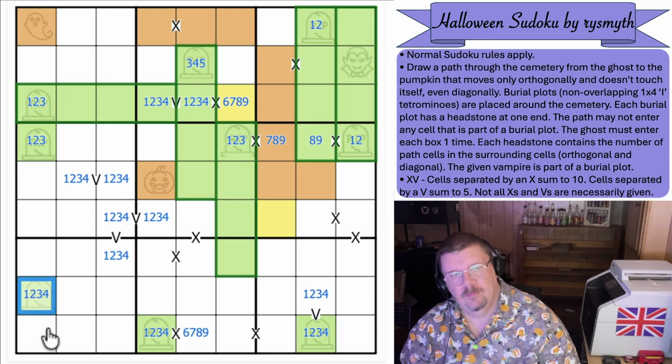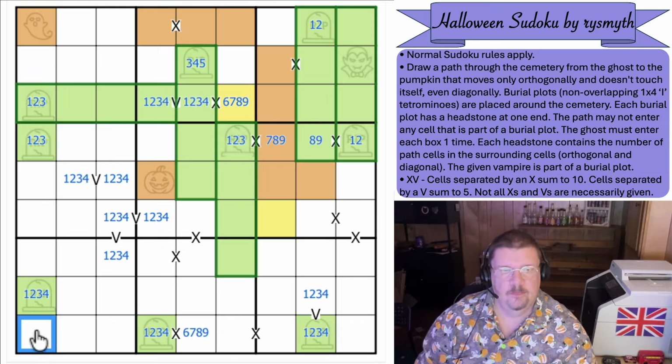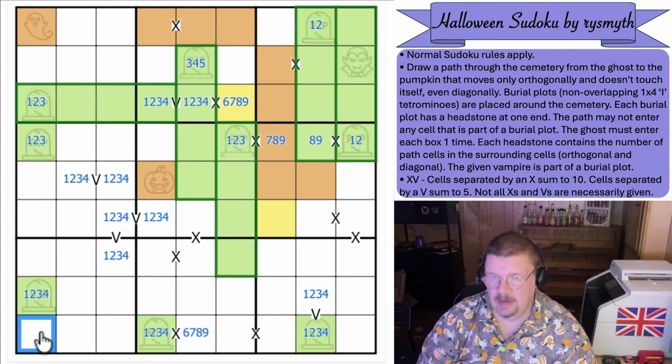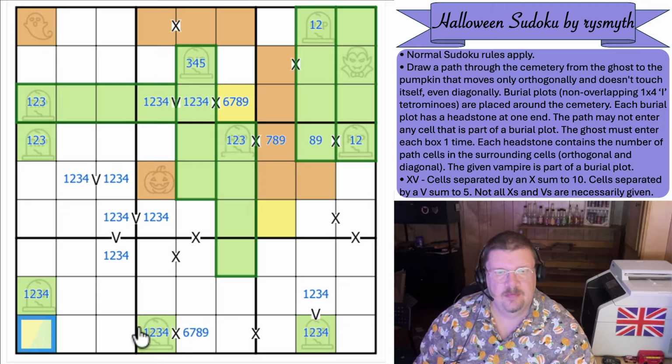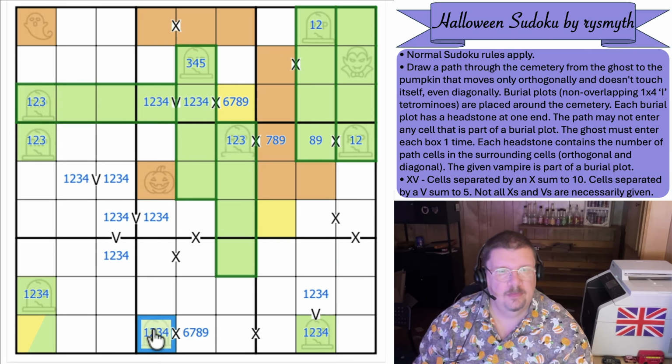Right, this can't be path, because I can't get in and out there. And so it's definitely not orange. I'll mark it as yellow or green. If it's green, it's part of this burial plot.